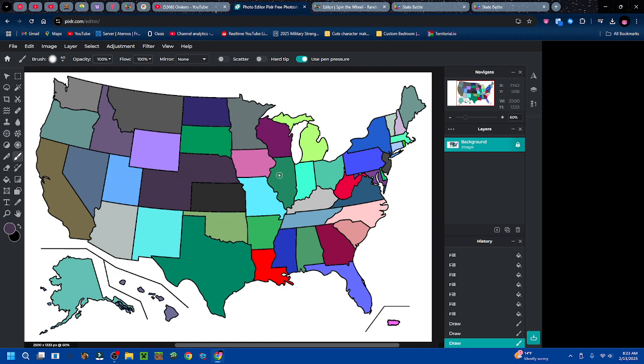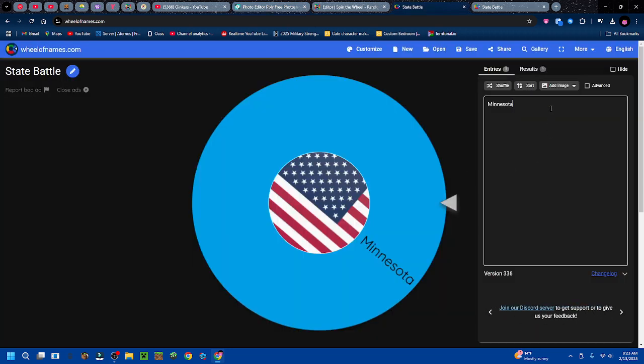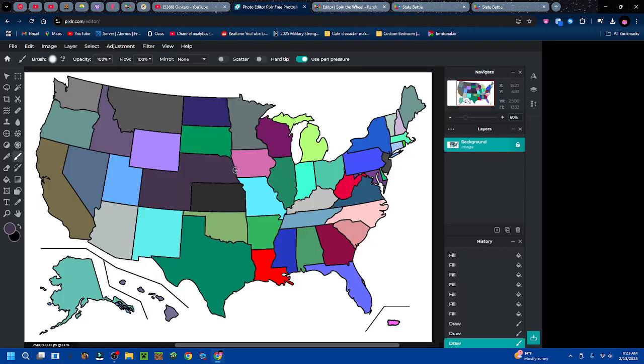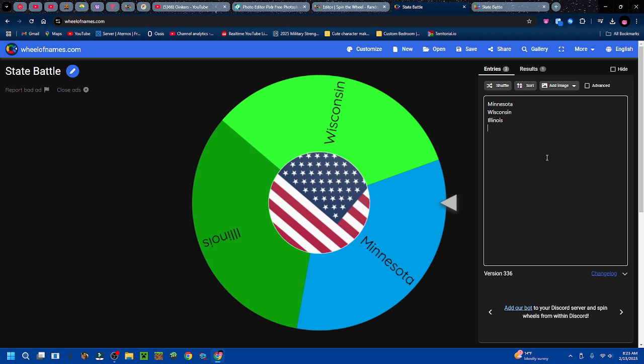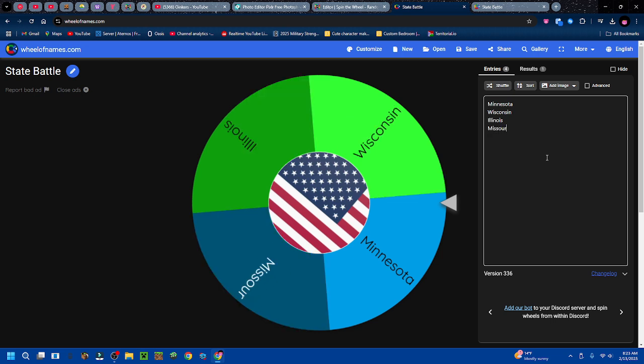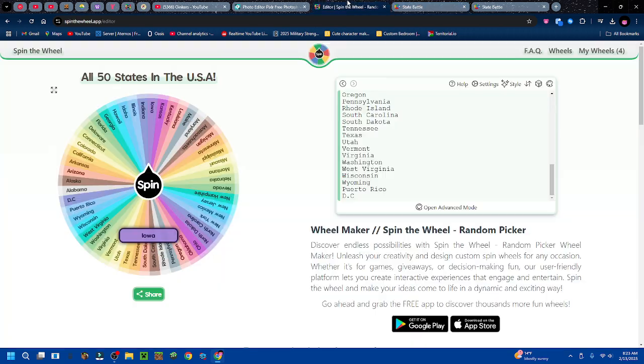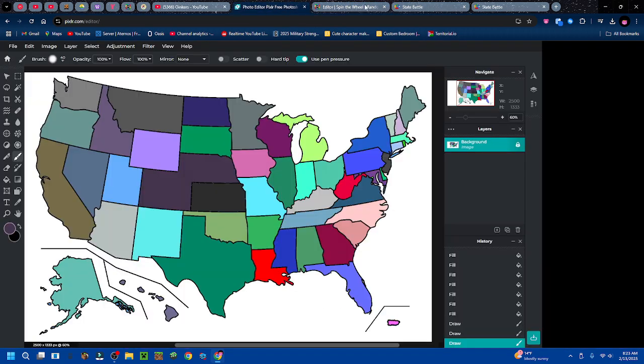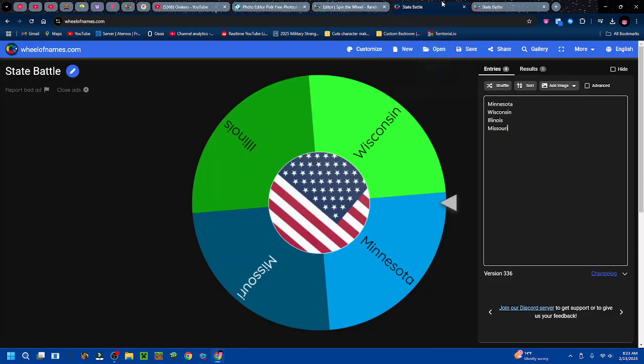And then we've got Wisconsin, Illinois, Missouri. No, they don't border Kansas, but they border South Dakota, Missouri, and Colorado. Missouri, Colorado, and South Dakota.